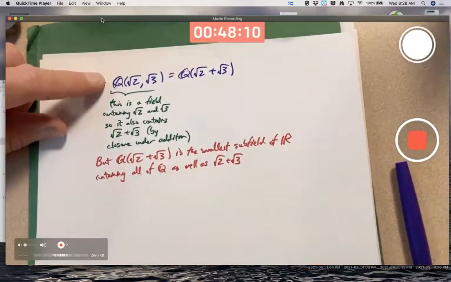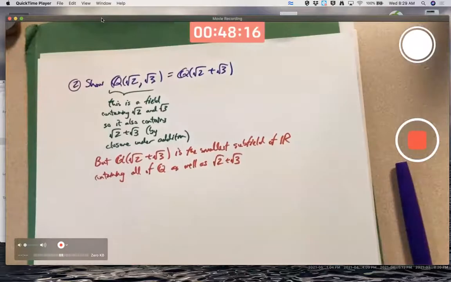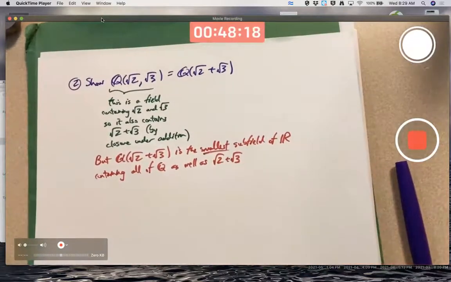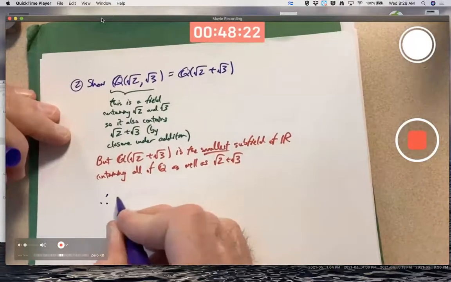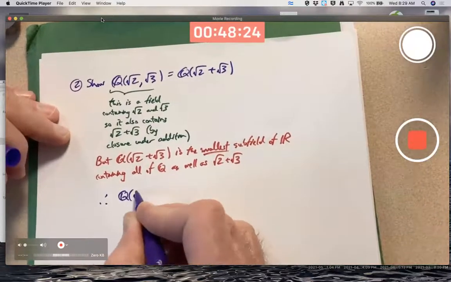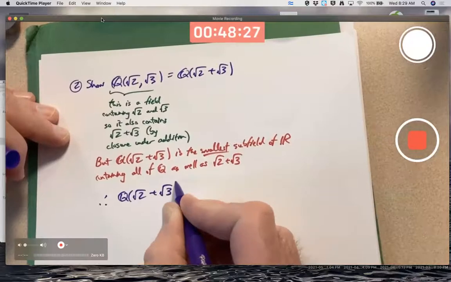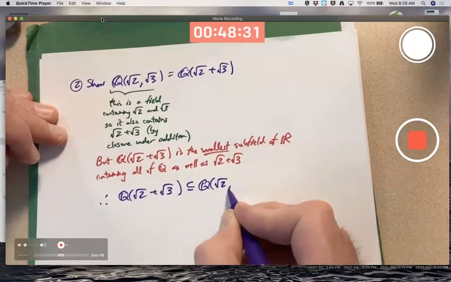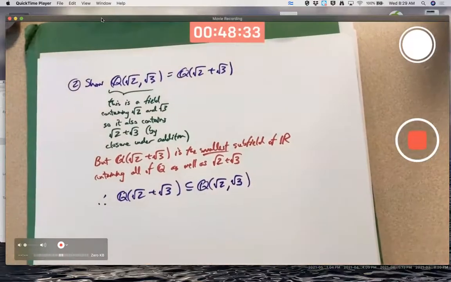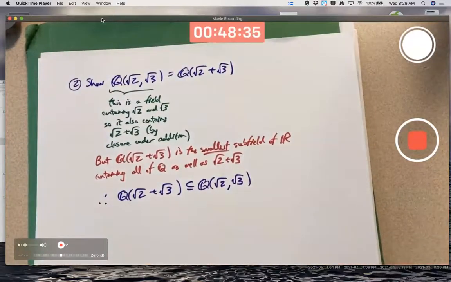But I just said this field contains square root of 2 plus square root of 3 and the rationals. Therefore, this one being the smallest, Q of root 2 plus root 3 is a subset of Q of root 2 comma root 3. That's the easy inclusion. Though its argument is still tricky.